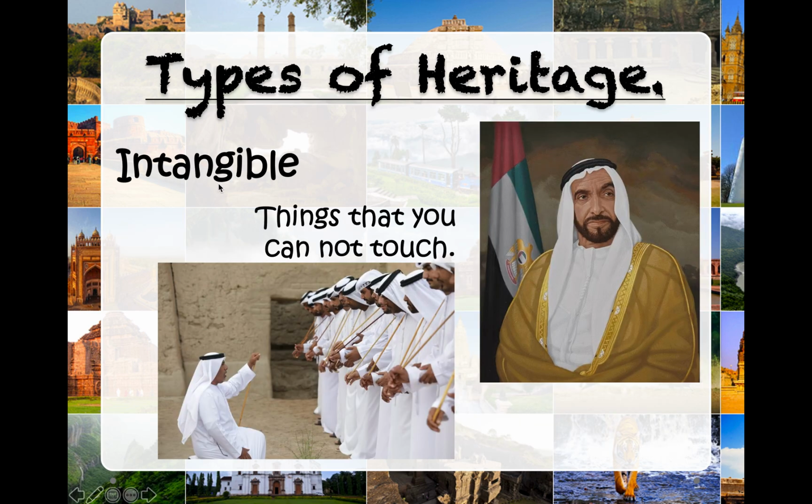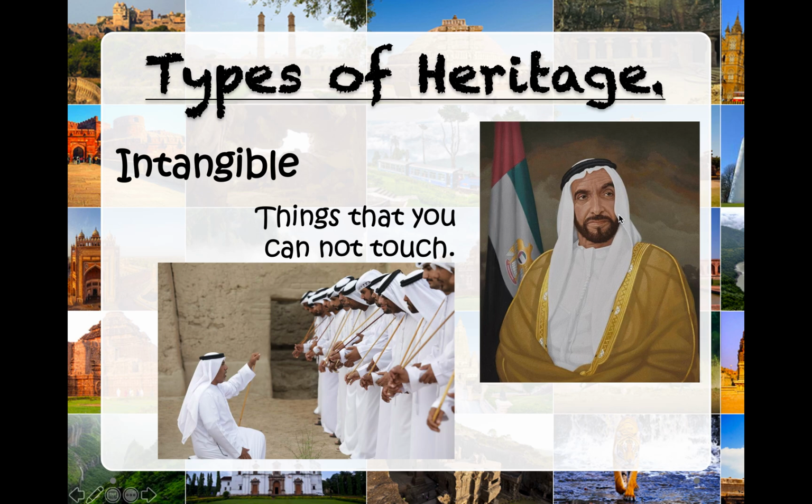The next type of heritage is intangible. And we said this is things that you cannot touch. So if we look at the picture over here, we can see these men are doing the traditional UAE dance. The dance cannot be touched. It's something that is learnt. Therefore, the UAE dance is intangible.